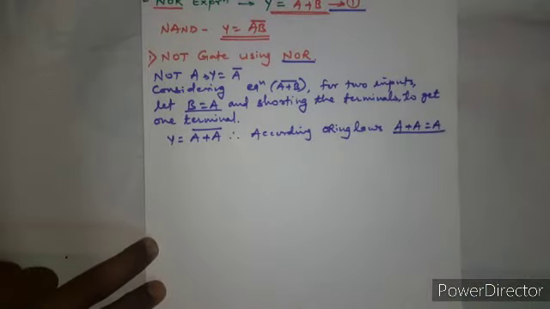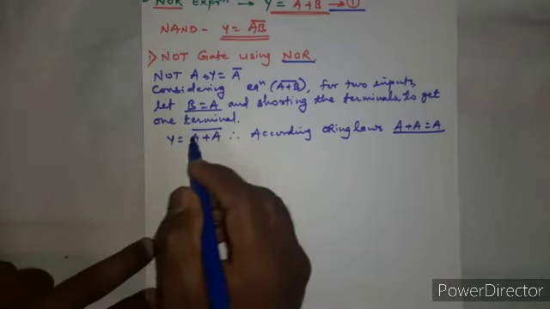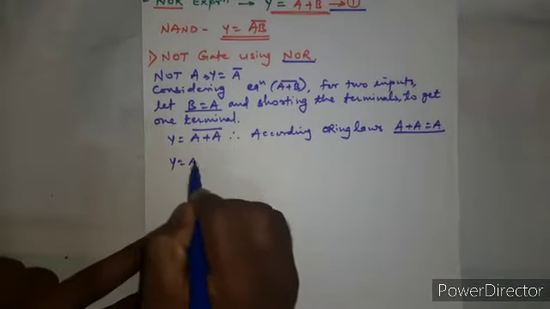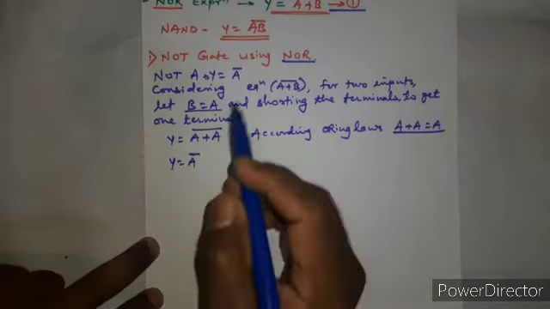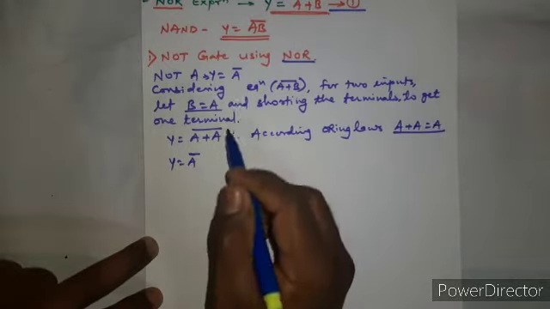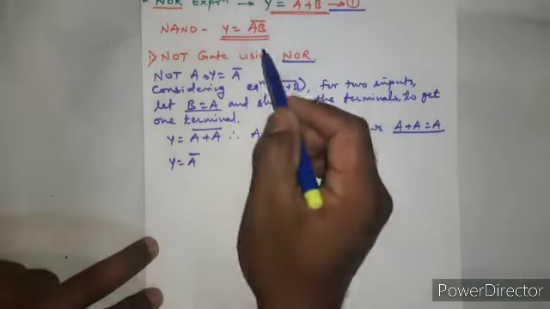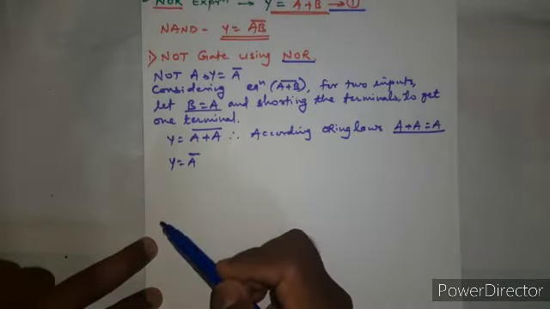This we have seen in the ORing laws of Boolean laws, right? So this equation then becomes y equal to a bar. Okay, so you can see here we have converted this NOT gate using NOR gate, and we have taken in the same equation, right?